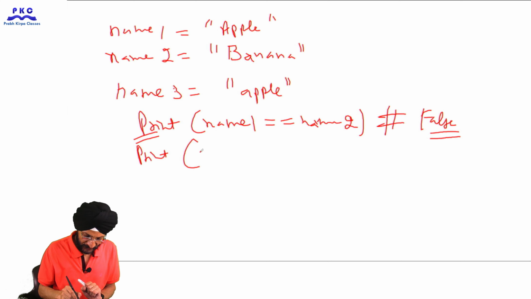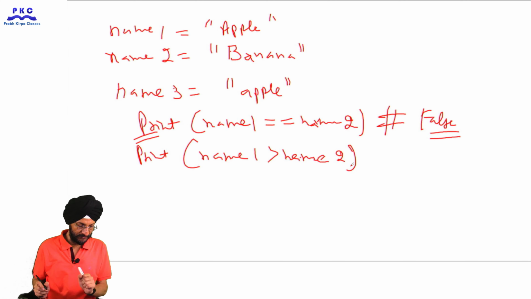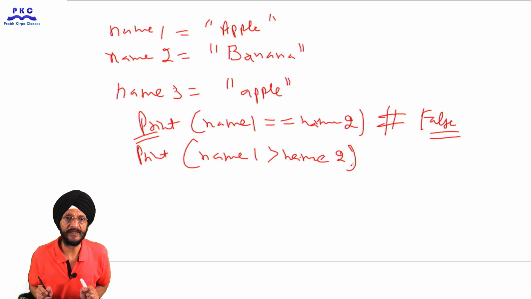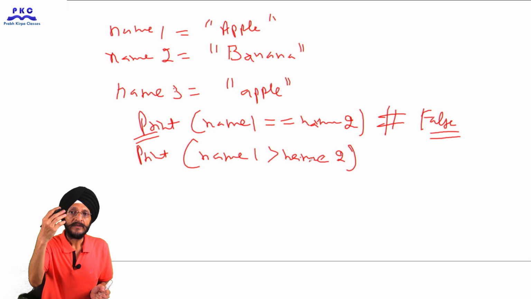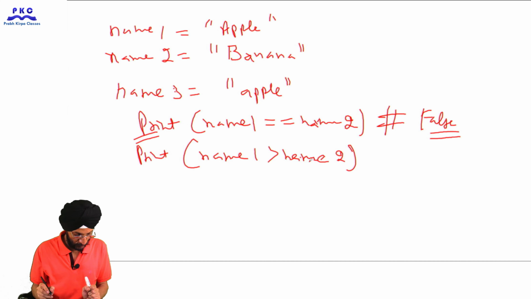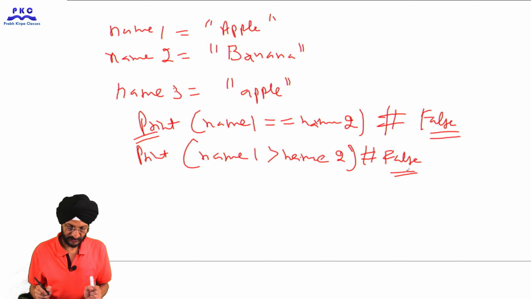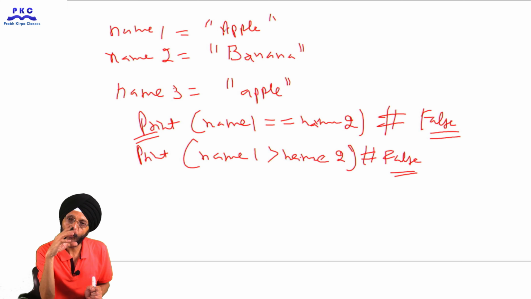When we use print name 1 is more than name 2, what will be the answer? Whether apple is greater than banana, the output will be false because A comes before B in alphabetical order.